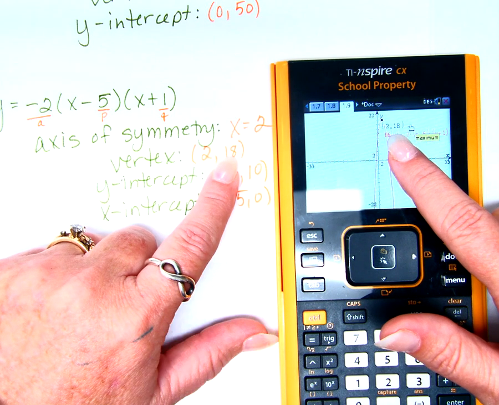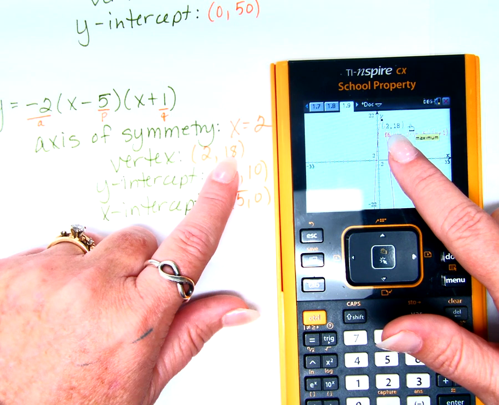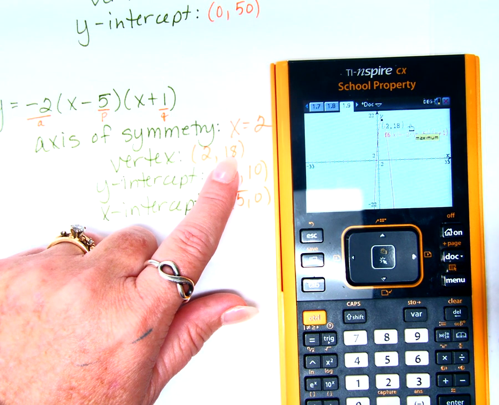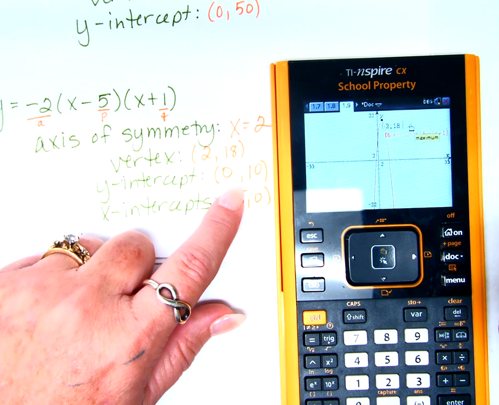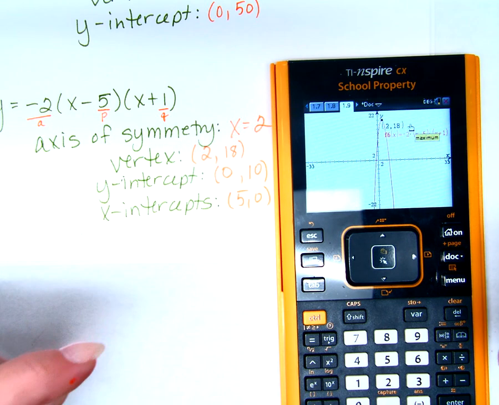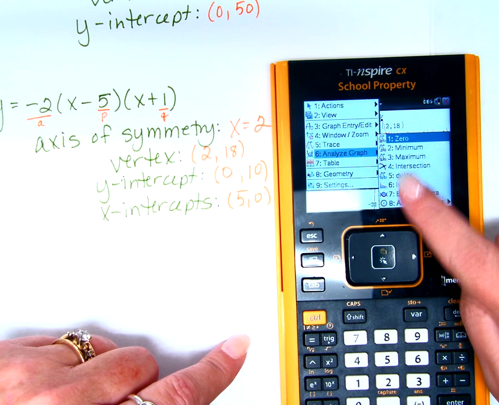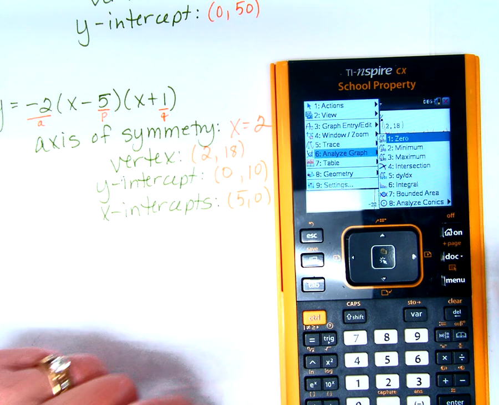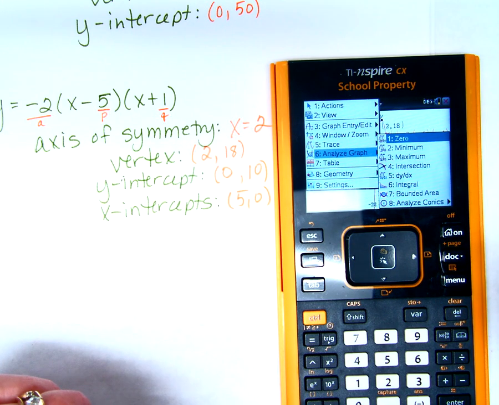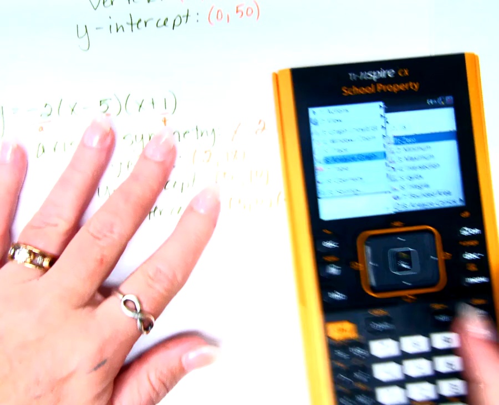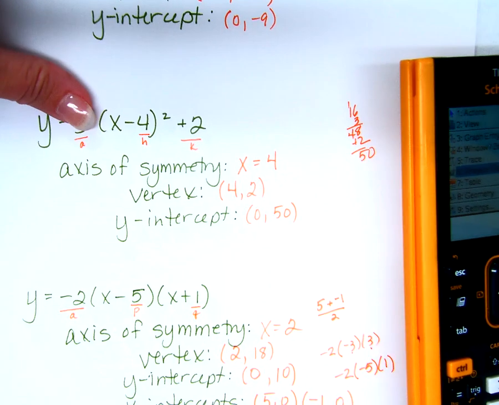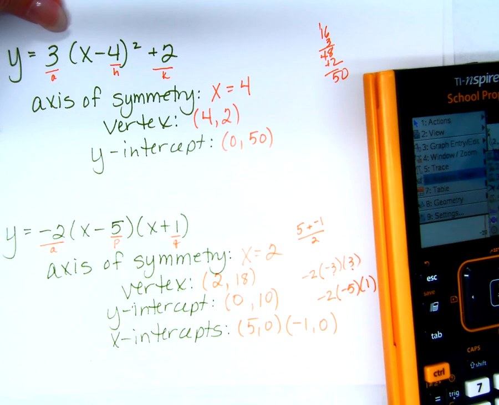Isn't there a way to do that with where x crosses? The intercepts? Those are called zeros. And so if we look at menu, analyze, we could choose 0, that very first one. Okay? So could I have done that on both of these other examples to find the vertex? Yes, I could have.